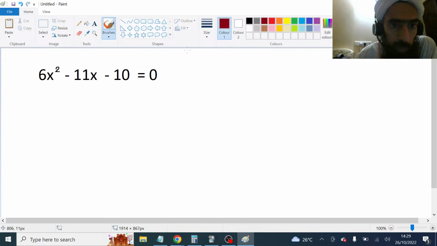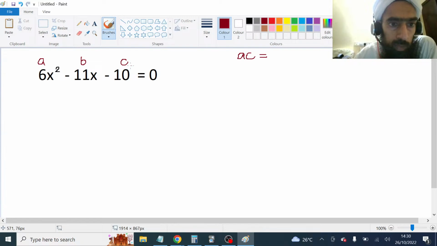So first step is to work out AC. If we name each coefficient A, B, and C, then A is 6, B is minus 11, C is minus 10. So A times C would be minus 60.